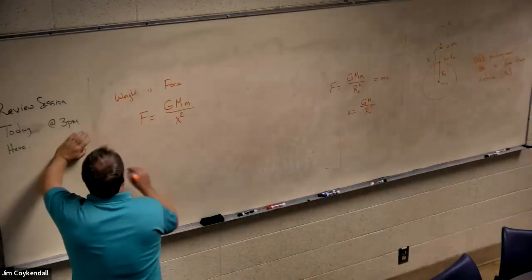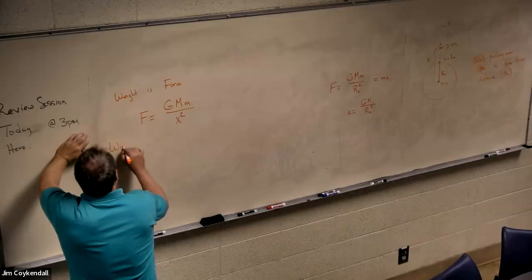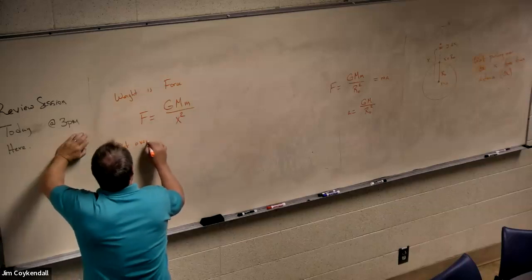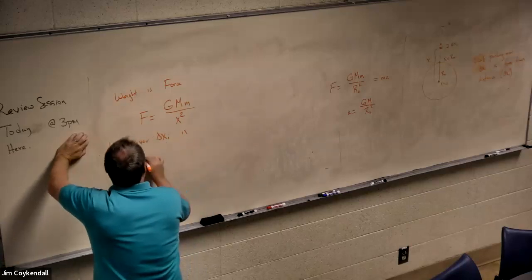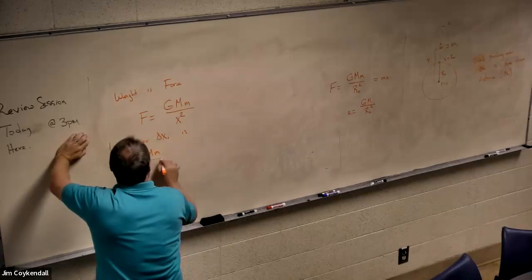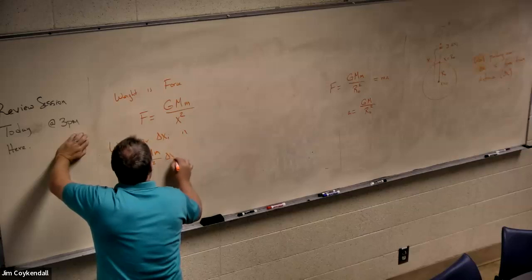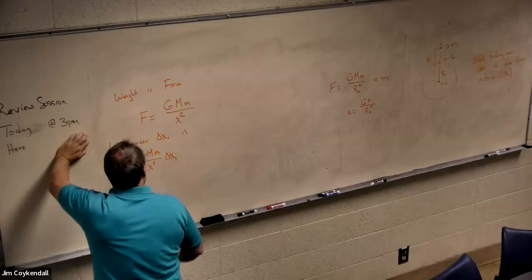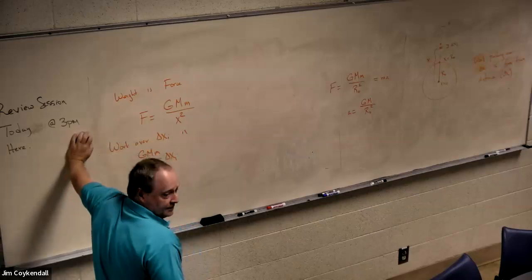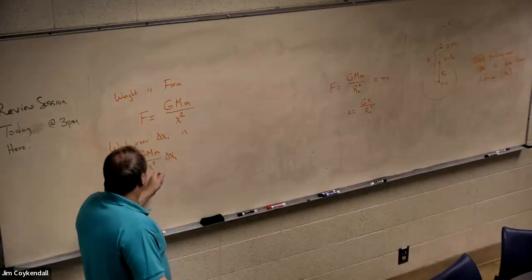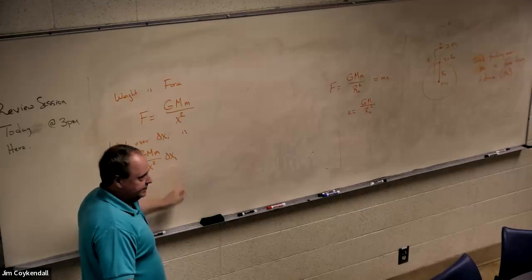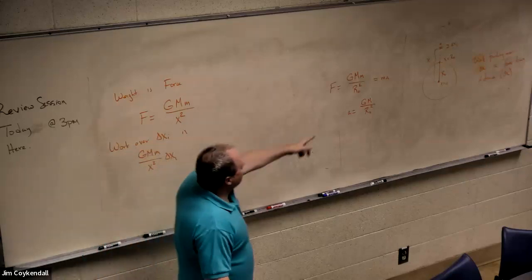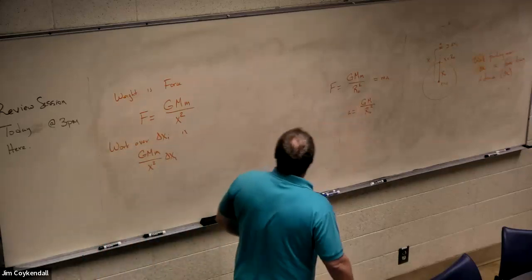So the work over a delta xi interval is GMm over x squared times delta xi. How heavy you are, and how far I have to push you. Now, what if I want to push you all the way up to H?